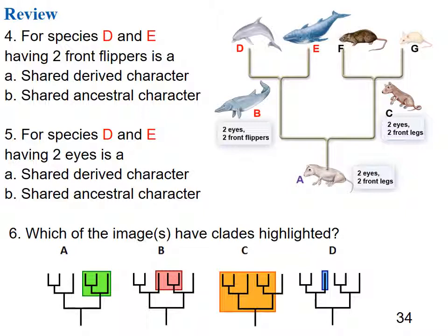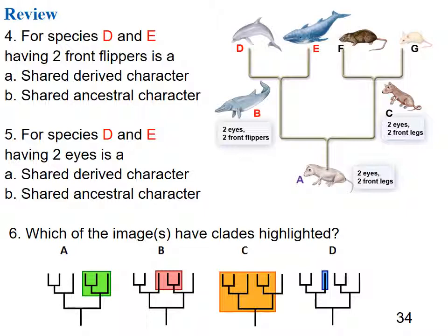So let's review again. For species D and E, having two front flippers, is it a shared derived character or a shared ancestral character? If we look, species B has two front flippers, but species A does not have two front flippers.